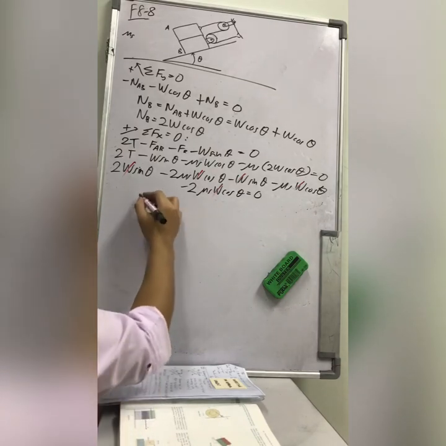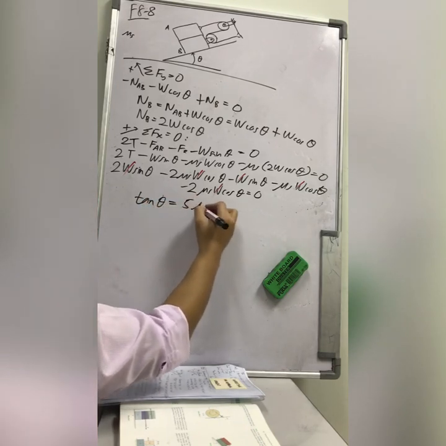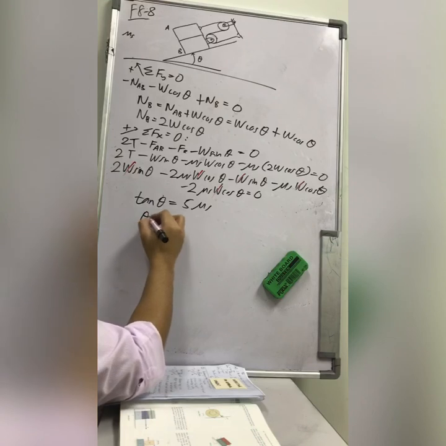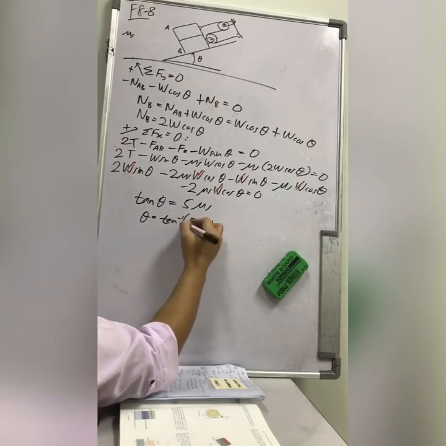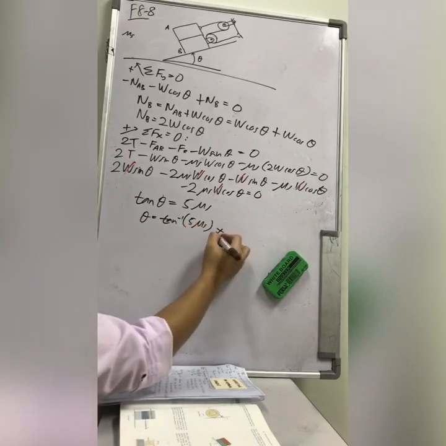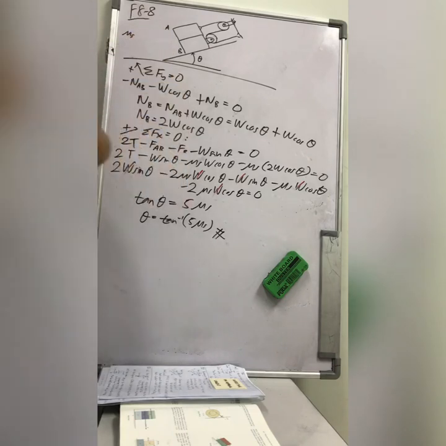Basically here you have tangent theta equals 5 mu_S. So your theta is the arctangent of 5 mu_S. So this is the relation between theta, the angle, and your mu_S. Or actually even mu_S with theta, it doesn't matter.